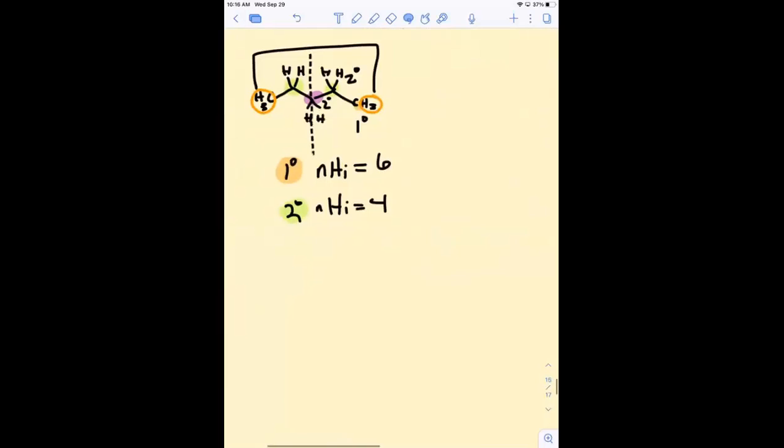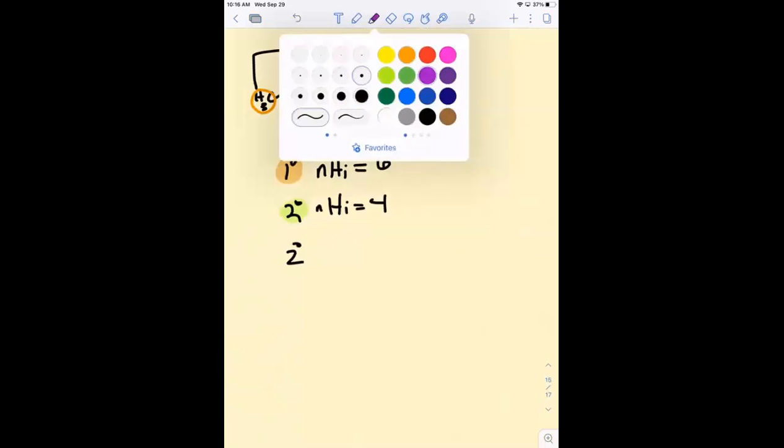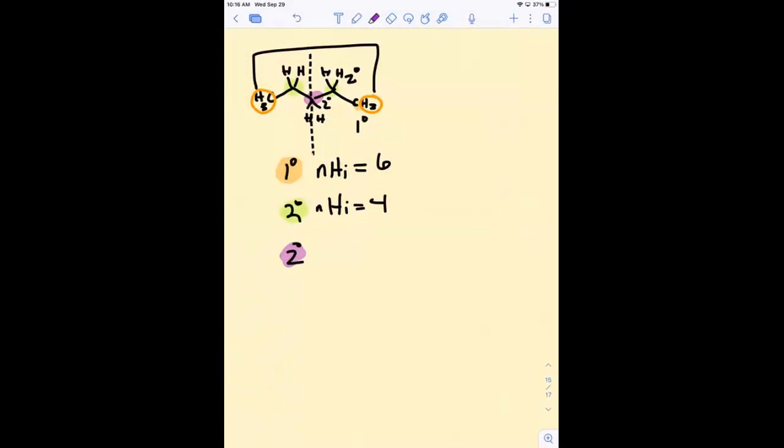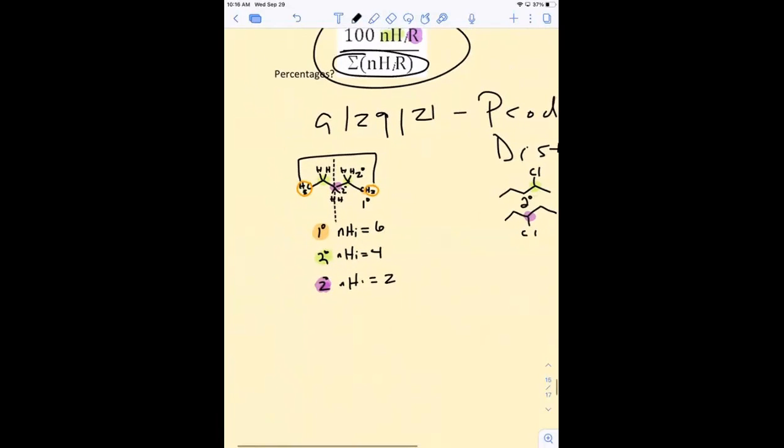So then the other secondary, that's purple, or whatever color you want to call it, pink, fuchsia, mauve, it's up to you. So that NH number is going to be 2. We're okay with that. Don't get thrown off by the NH. It looks like it's something special, but it's really just a number of the type of hydrogen.